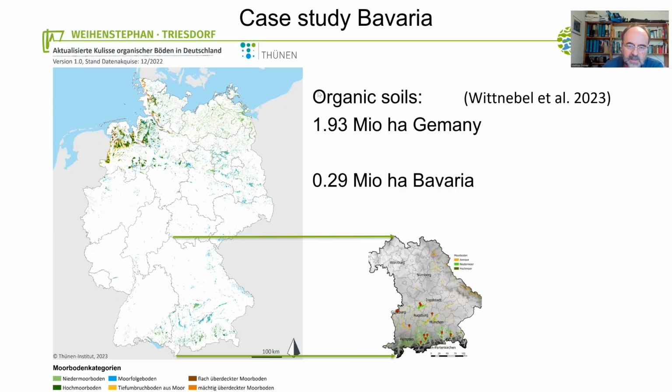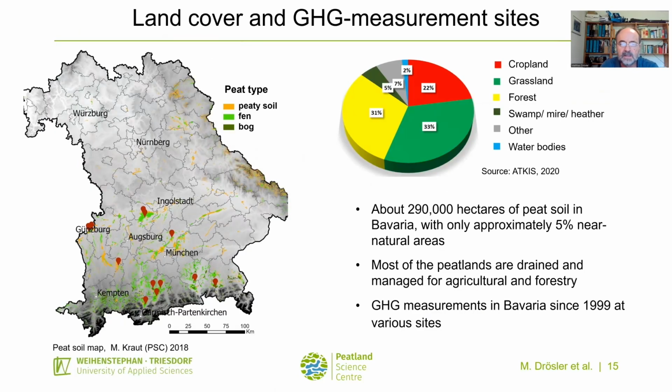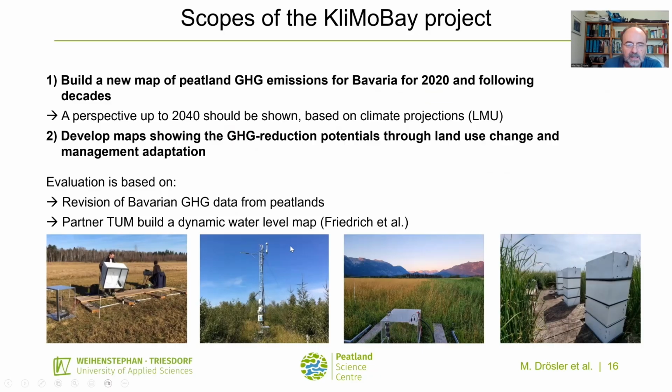Here are already the updated numbers of 1.93 million hectares in Germany. Here as well, grassland is dominating, but forest comes next, and cropland is a bit less here. And you see the stratification as well on peatlands spread over Bavaria.